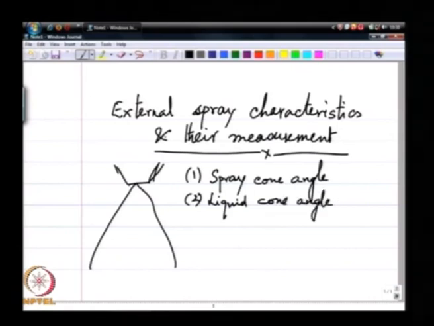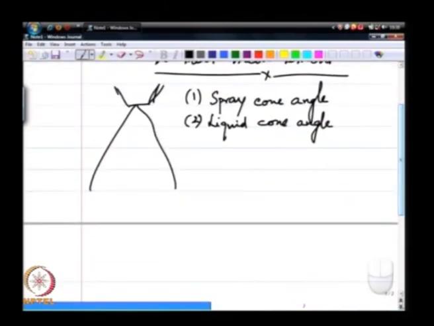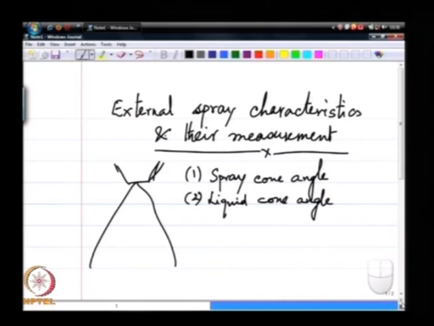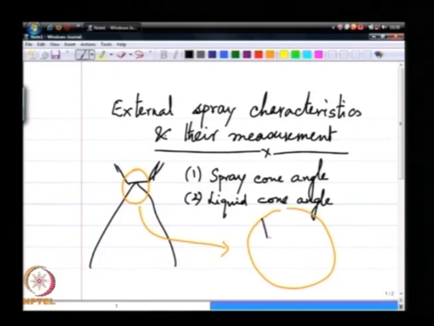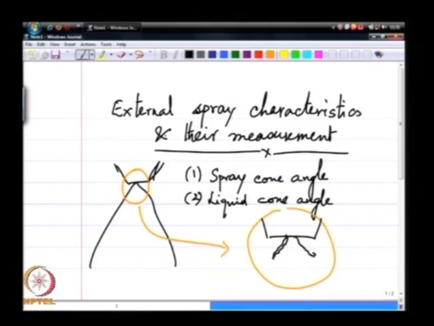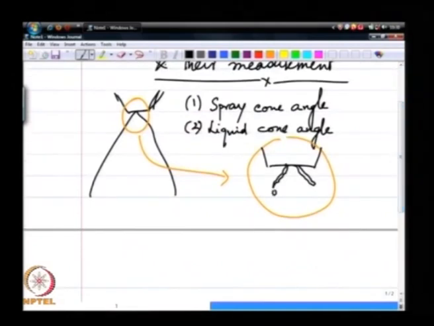Okay, we will start by making this distinction between the spray cone angle and the liquid cone angle. The liquid cone angle, if I zoom into this near nozzle region, what I have essentially is a flapping liquid sheet of sorts. We have seen videos of this, and then you start to get a spray where these drops form.